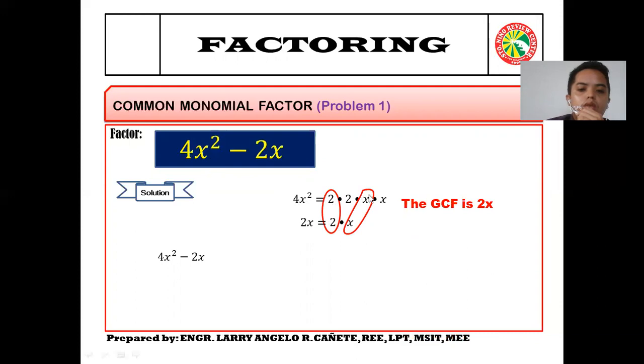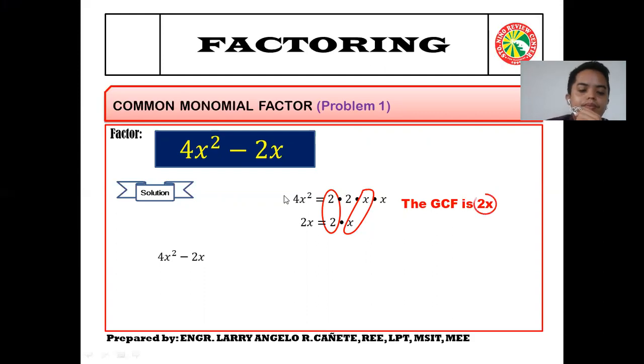It's easy to know the variable part, because you only get the highest exponent common to both expressions. Since they have only first degree x in common, the GCF is 2x.